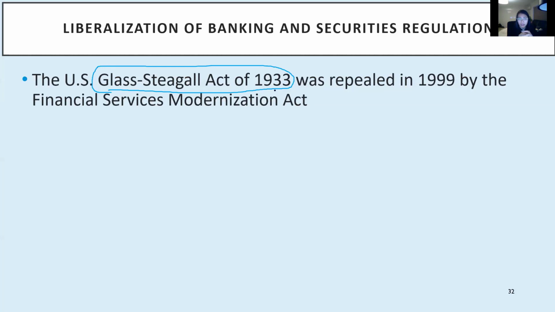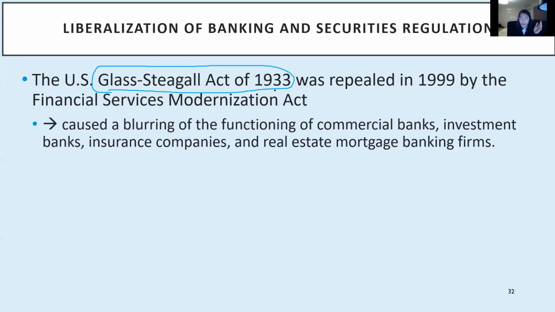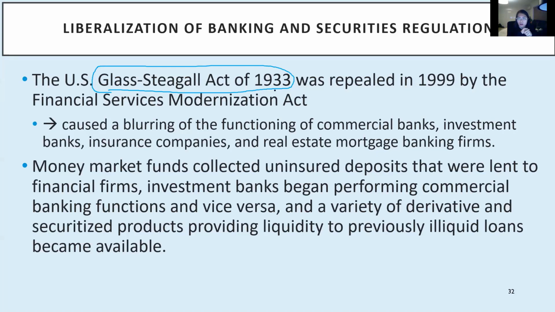Okay, it was repealed, and following that relaxation of restrictions, there has been a blurring of the functions of commercial banks and investment banks. So after the regulation was removed, everyone could do whatever they wanted. Now the danger of that is that commercial banking is a heavily regulated sector.